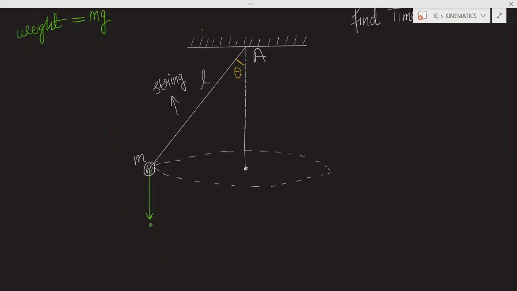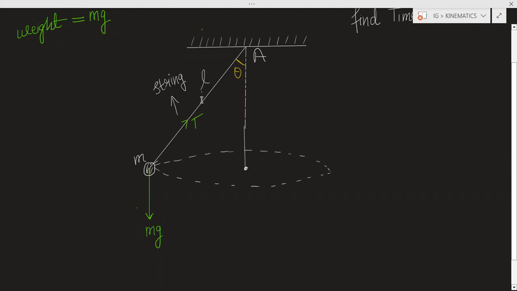Now the gravitational force mg will be vertically downward on this mass. There will be one more force, the tension in the string. This is a string, and in a string there will be tension force.